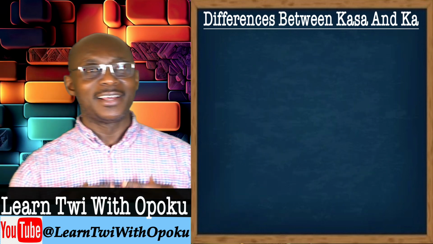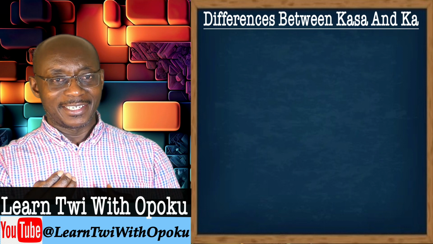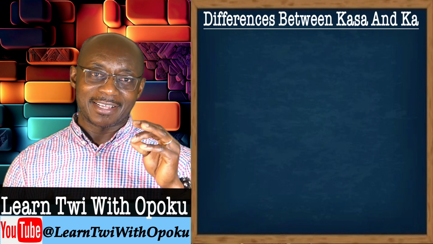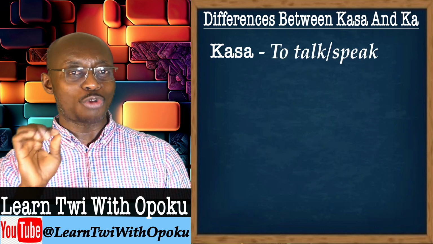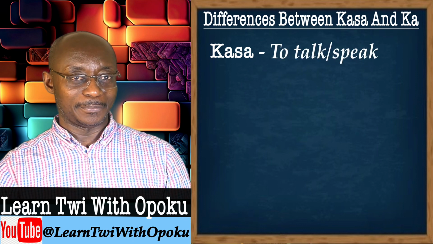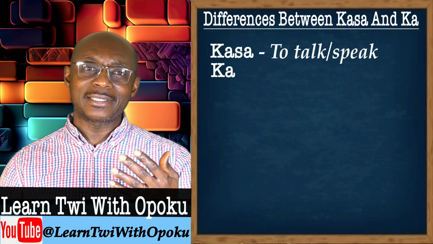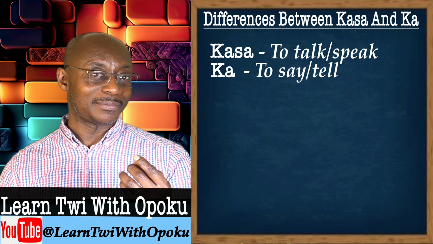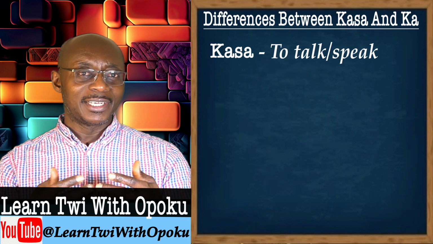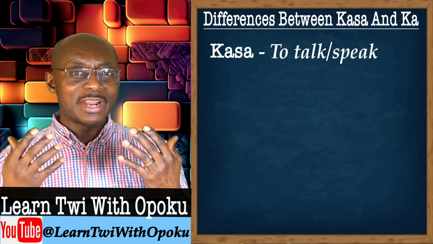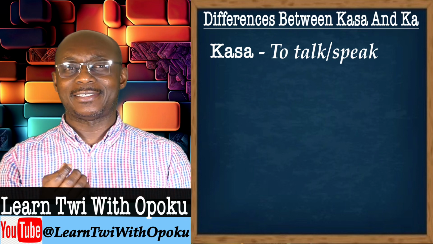Okay. In terms of speech, the difference between Kasa and Ka is that Kasa means to talk or to speak, while Ka means to say or to tell. Let's first of all explain Kasa. Imagine your friend seems to be too quiet.